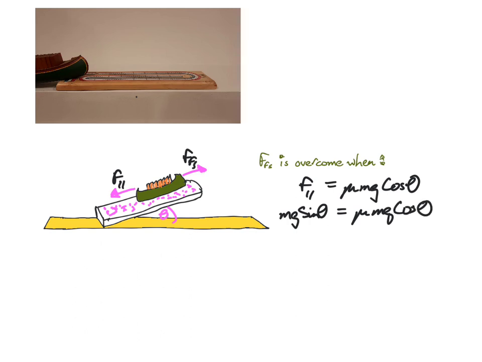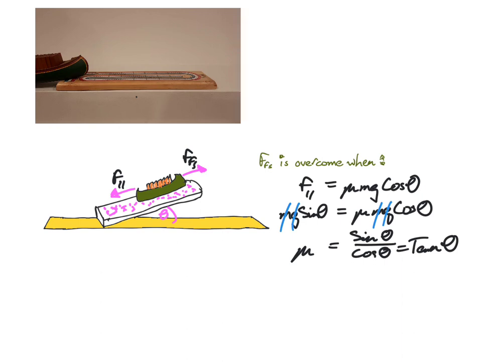So obviously the keen-eyed amongst you might realize that there's mg on both sides here. If we want to figure out the angle that it begins to slide at, we're almost there. If we do a little bit of rearranging here, we'll see that mu is equal to sine theta over cos theta, and hopefully you folks know that in the sine and cos world that's equal to tan theta.